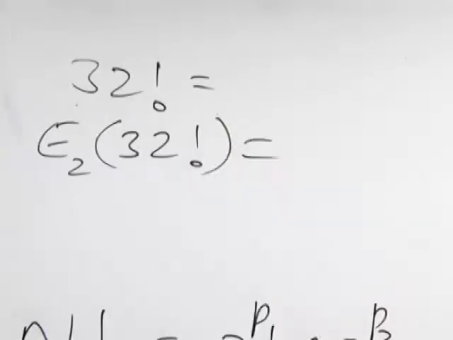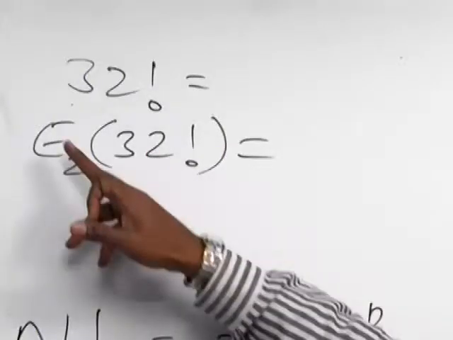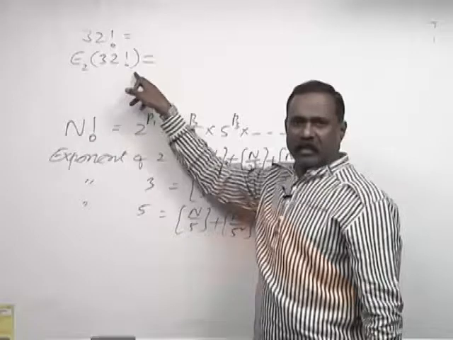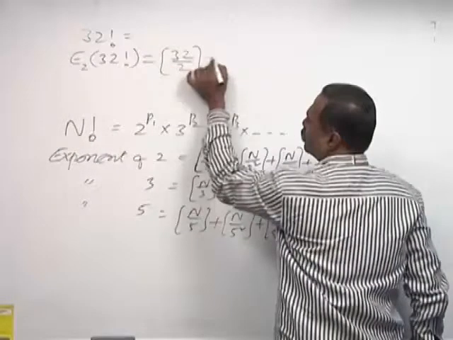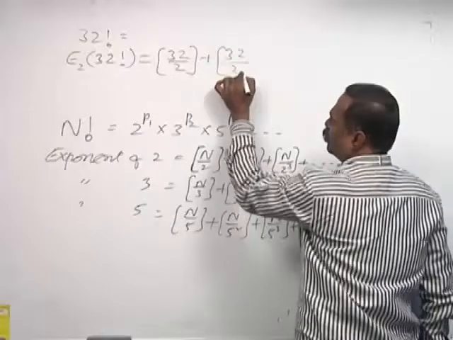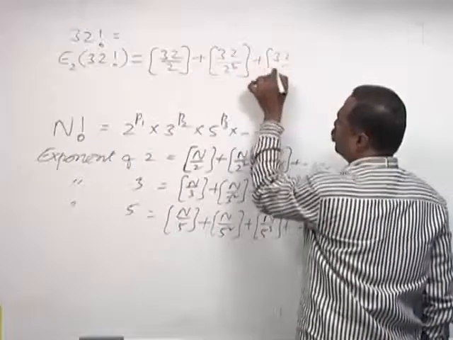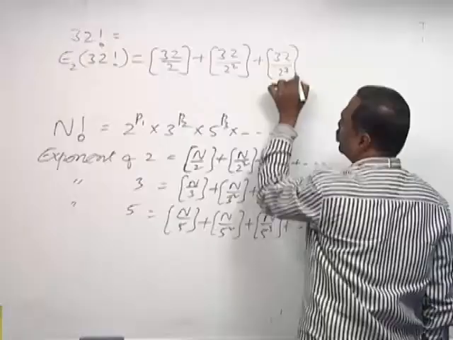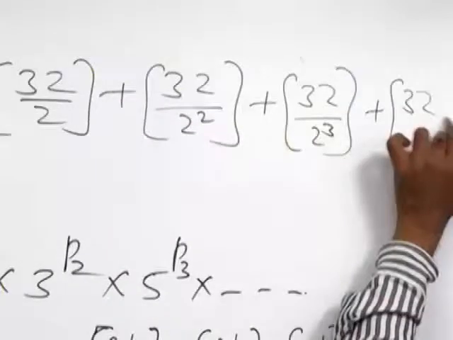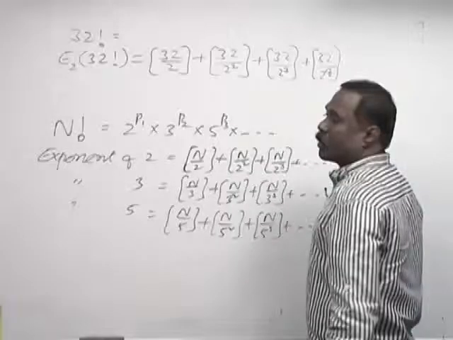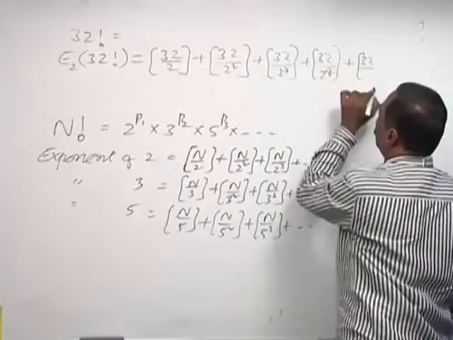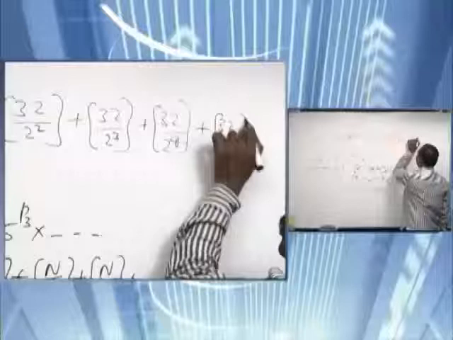It is step of 32 by 2 plus step of 32 by 2 square plus step of 32 upon 2 cube plus step of 32 upon 2 power 4 plus step of 32 upon 2 power 5.